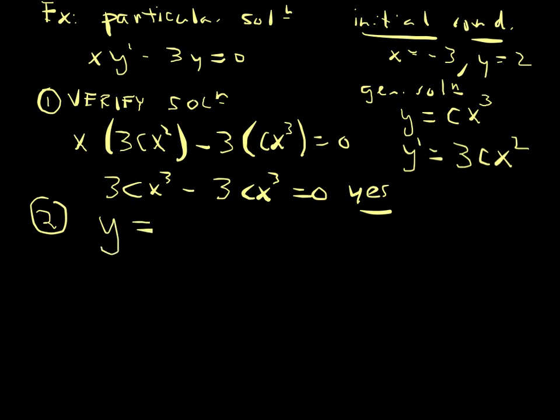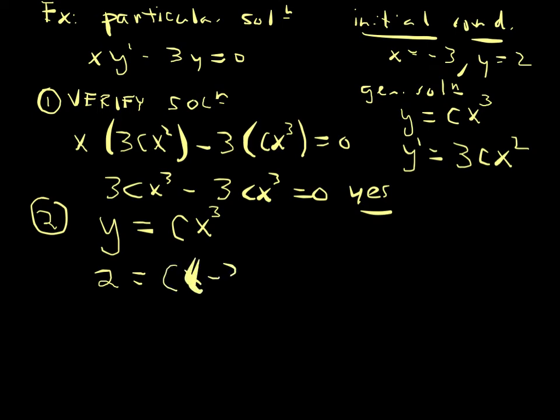So we start with the general solution, and we have these initial conditions over here, right? So we can go ahead and plug those in. So 2 equals c times minus 3 cubed, right?